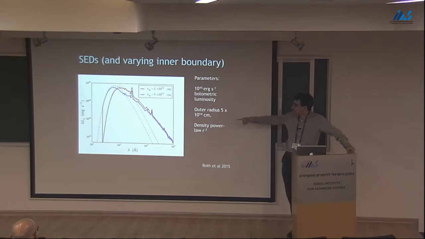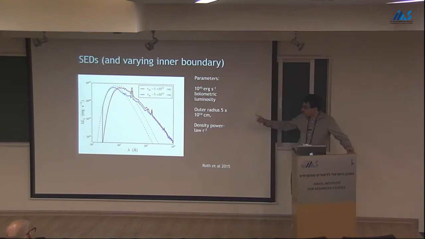The colored curves are the reprocessed light that comes out. So you deplete some of the soft X-rays, and you get a fraction of them coming out at longer wavelengths like the UV and the optical. If you integrate the optical luminosity here, you get a few times 10 to the 43 ergs per second, which is about what many of the optical observations show us.